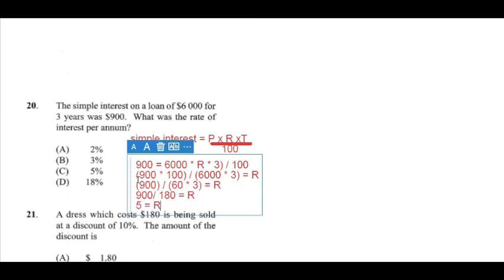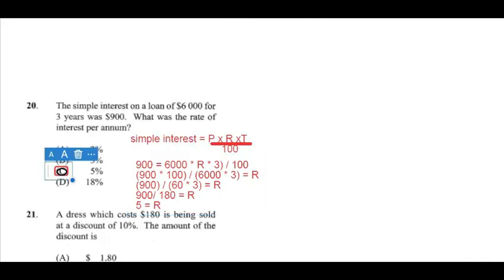So the rate is 5. You can cancel the 0 from the 180 with 0 from the 900, and you will be left with 90 divided by 18, which would make it easier to do a division right there. And our answer for 20 is C, 5%.